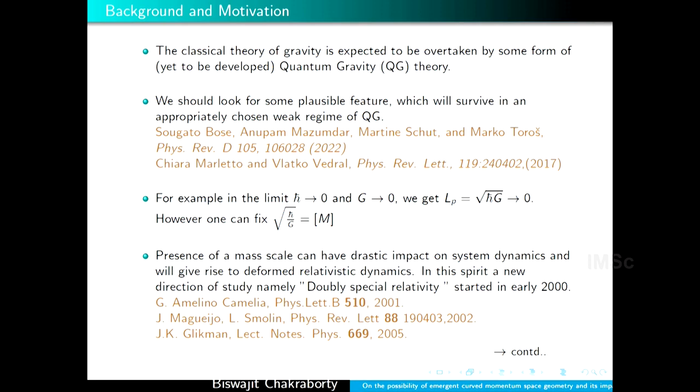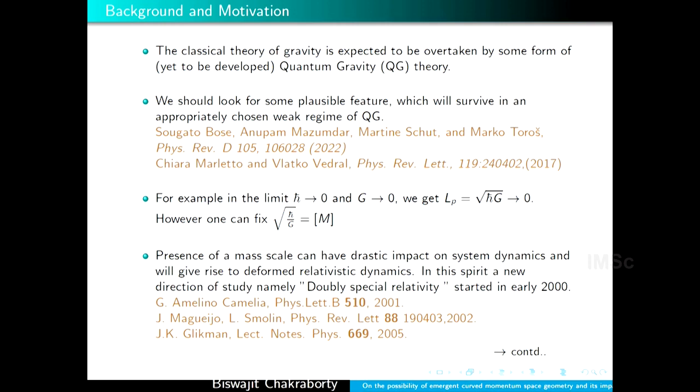So the classical theory of gravity, as I told you, is expected to be overtaken by some form of quantum gravity, which form we don't know. But one generally desires to have some robust feature which may survive any future theory of quantum gravity.